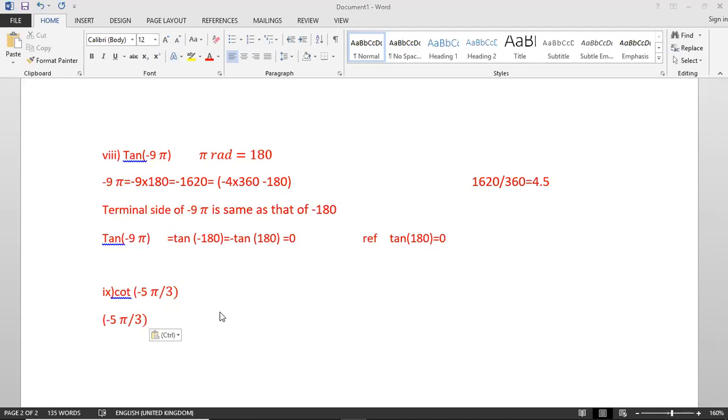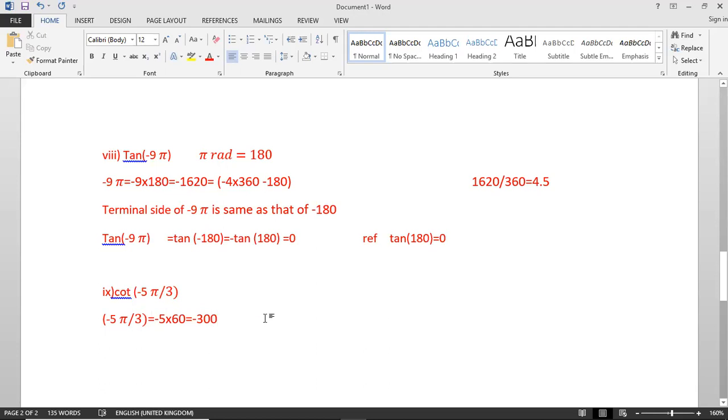For finding cot minus 5 pi by 3, we will first have to see what the value is in degrees. Minus 5 will be as it is, and pi by 3 is equal to 60 degrees, so it will become minus 300. We want to see where minus 300 is located.